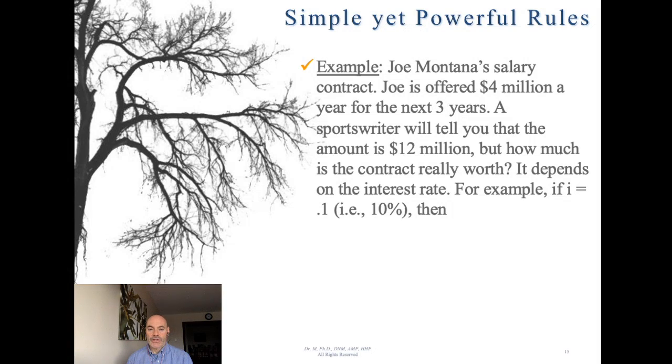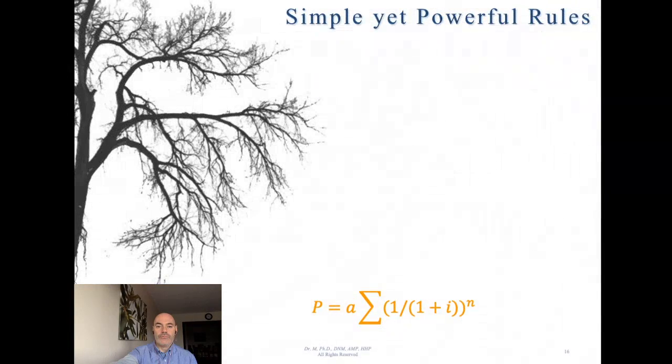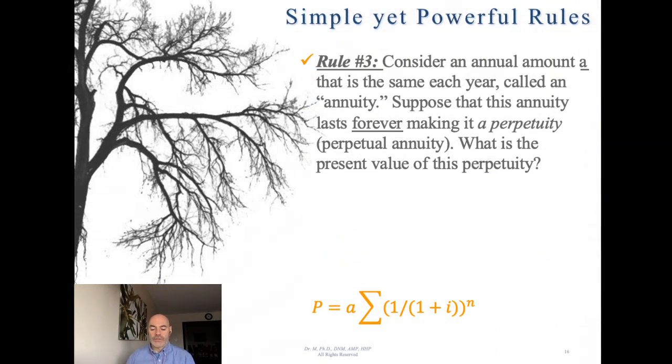And obviously, once you do that for the $4 million available 3 years from now, it would be worth even less. So you can do this calculation based on the previous slide formula and come up with this answer on your own. Now let's go to the next rule, number 3.